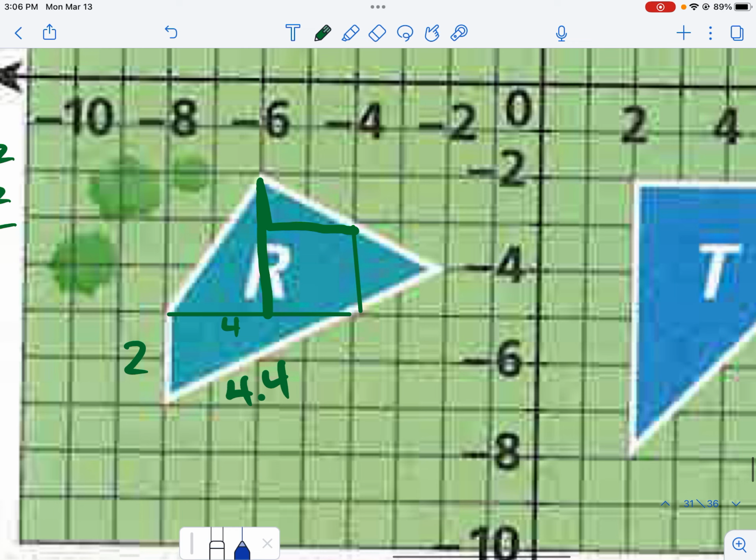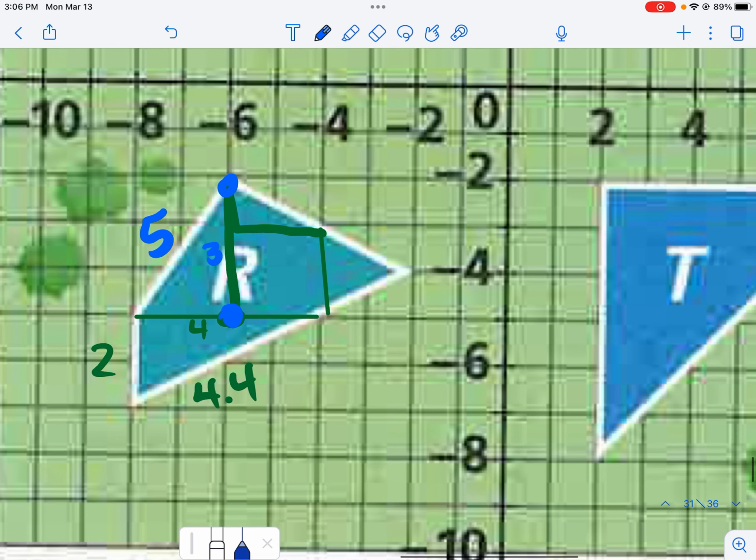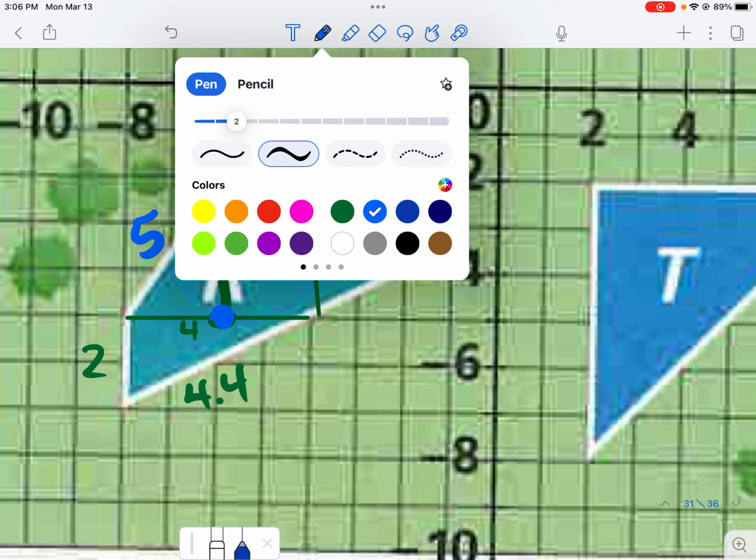Then if this is 4, then from here, oh, let me change the color real quick. From here to here, that would be 1, 2, 3. That's a 3 by 4. Oh, 3, 4, 5. We know that one. Okay. Then I'm going to use pink.